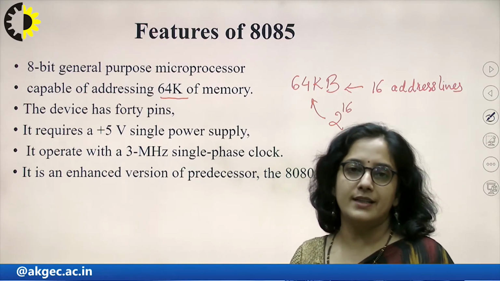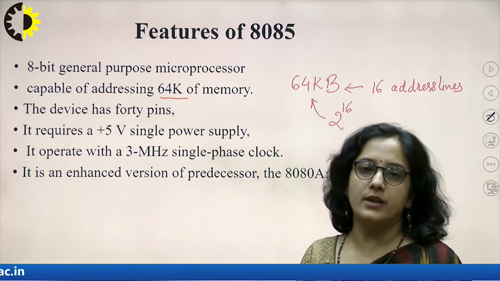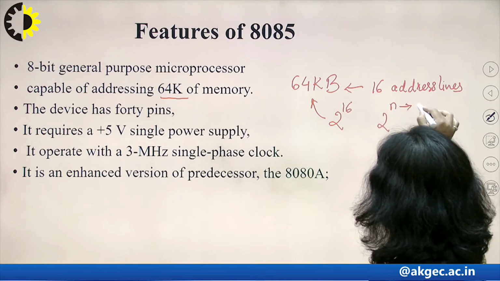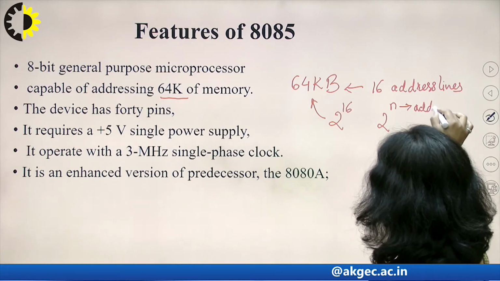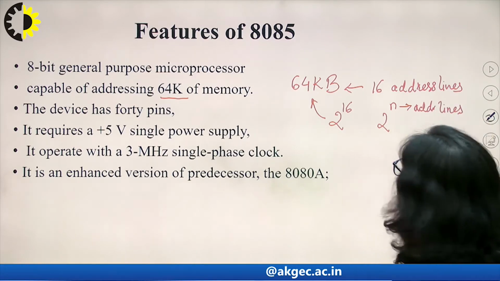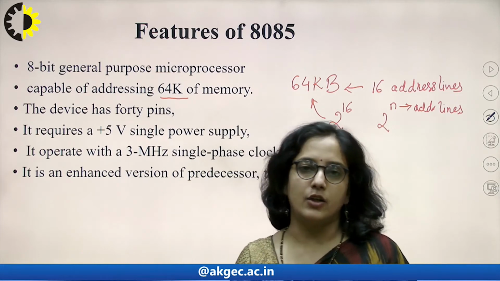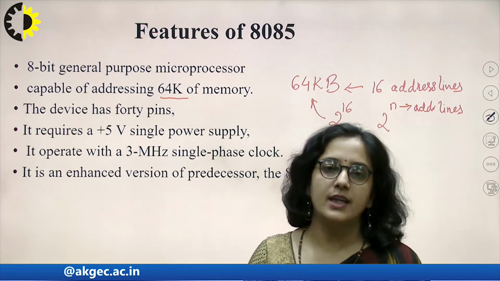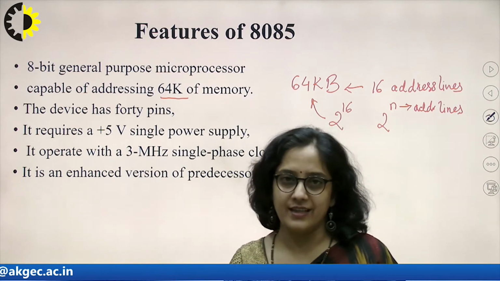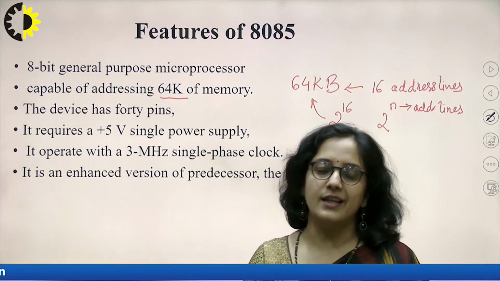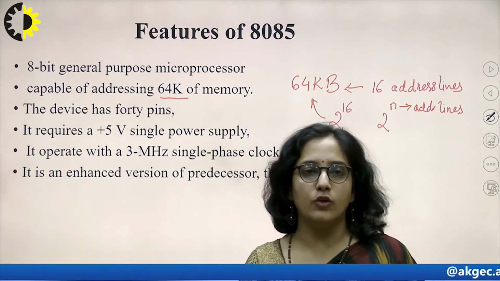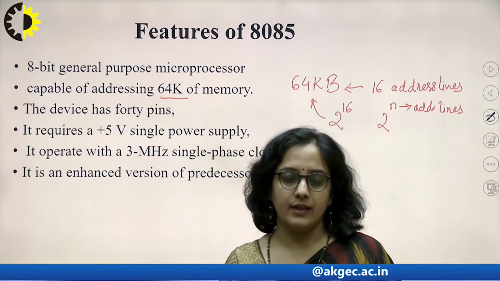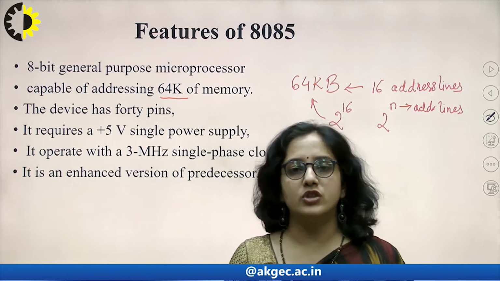So, in general the number of address lines gives 2 raised to power n, where n is the number of address lines. From this I can find out the memory capacity of any microprocessor. So in case of 8085 we have 16 address lines, and by using these 16 address lines we can access a maximum of 64 kilobytes of memory. Now that is the limit. If I need more memory, then I have to change the microprocessor.